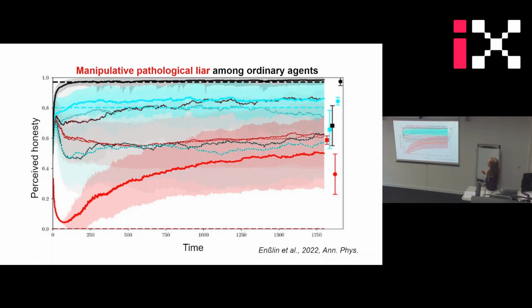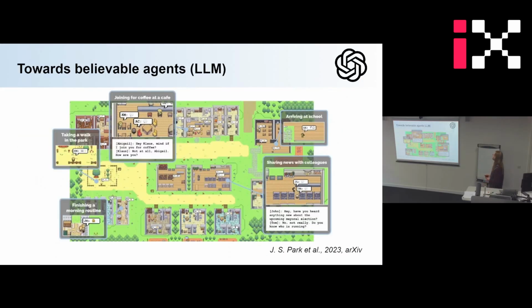So the only thing that is boosted in this particular scenario is your self-esteem. You think better of yourself, and everybody thinks better of themselves, but everybody thinks worse of everybody else except for the pathological liar. So it would not necessarily be a viable strategy. Okay, cool. Thank you. Welcome.